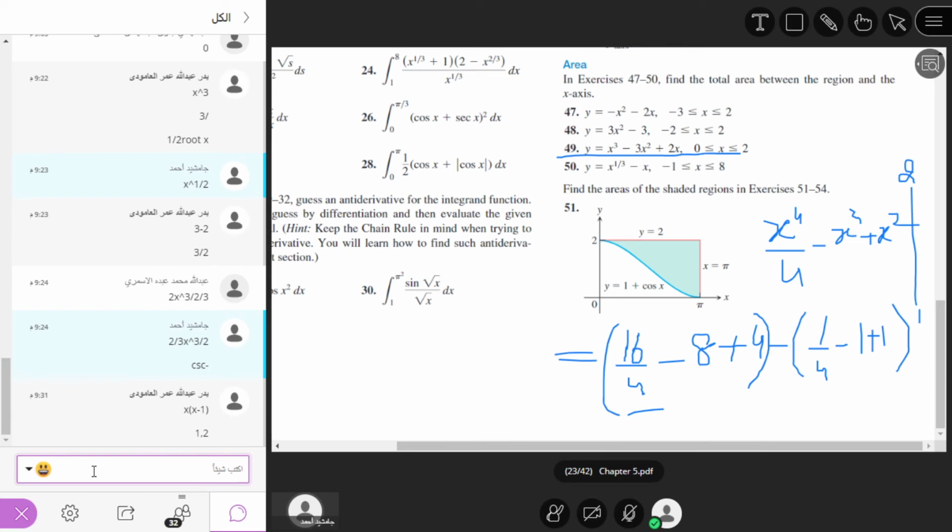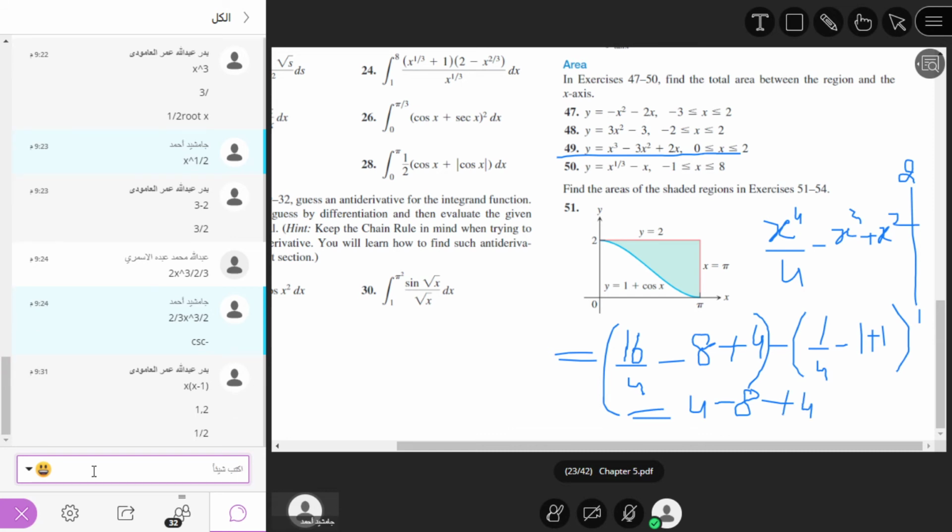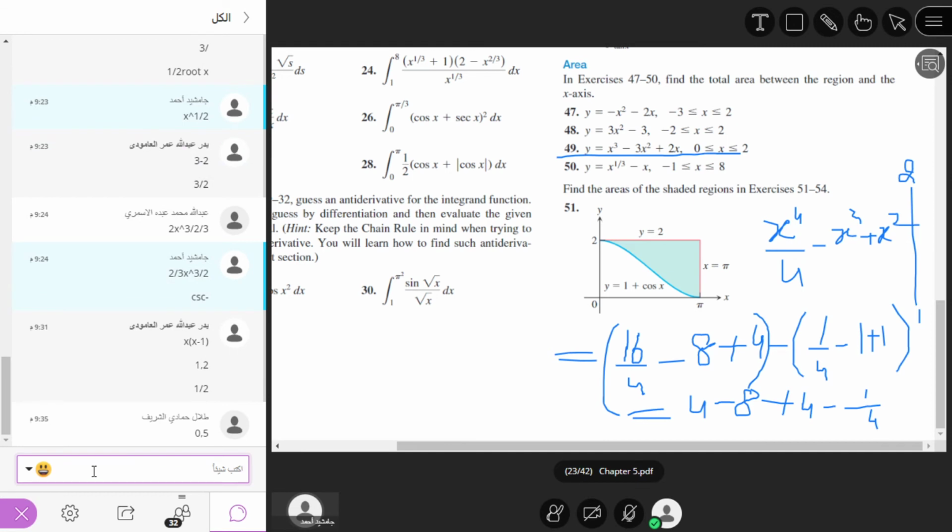So we get 4 minus 8 plus 8, and the result is minus 1 by 4.